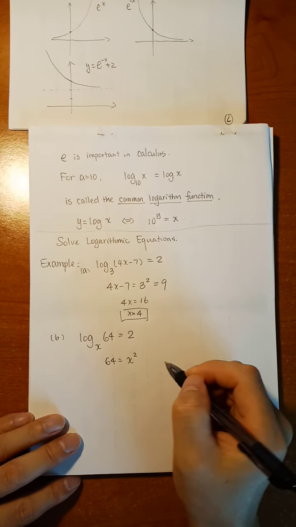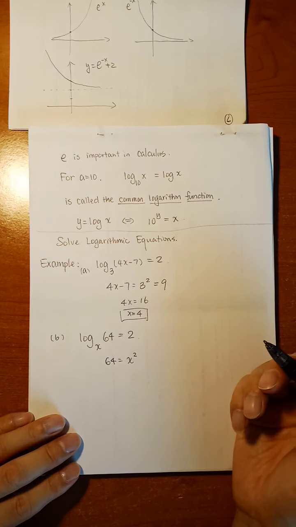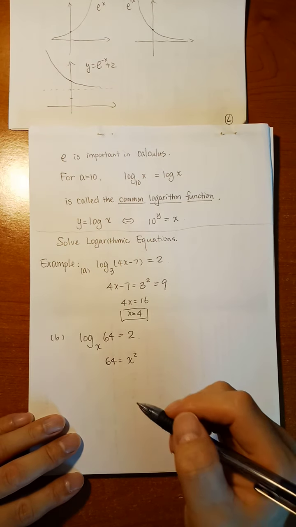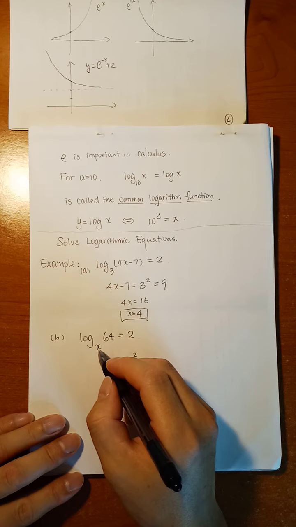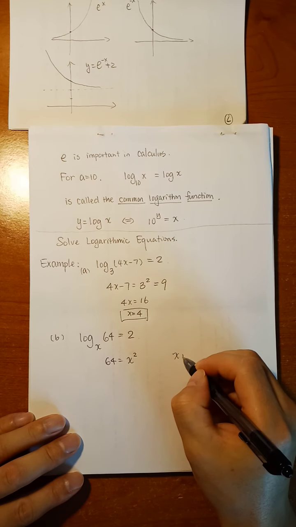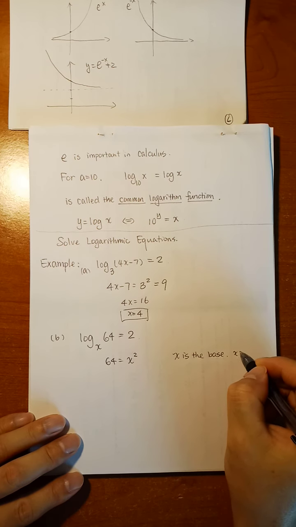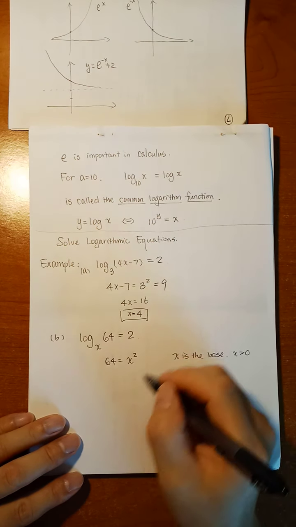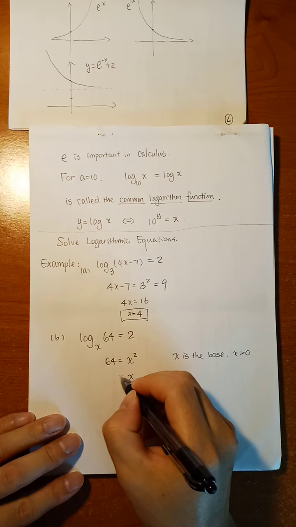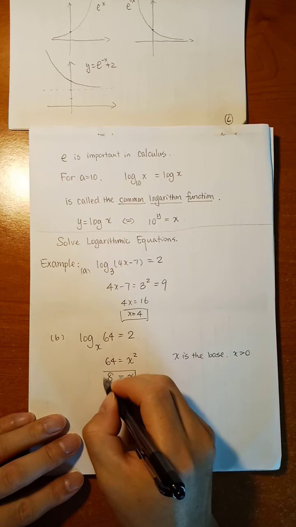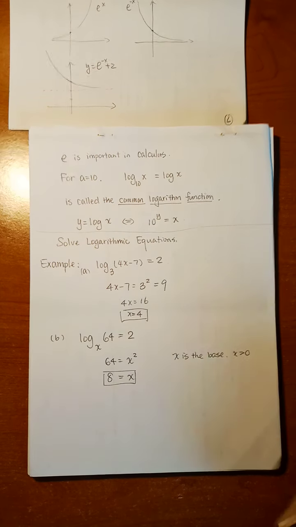We're going to take the square root, positive and negative. It has to be positive because x is a base. So we take the principal square root. So x is 8.